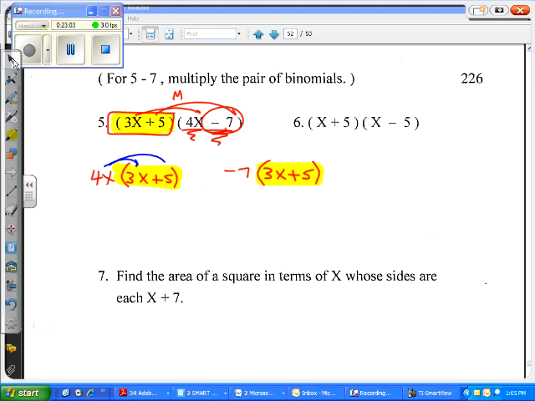And then we're going to distribute again. We multiply the numbers to get 12 and multiply the names, and when you multiply with like bases, you add the exponents, so you get 12x squared. We multiply 4x times 5 and we get 20x.